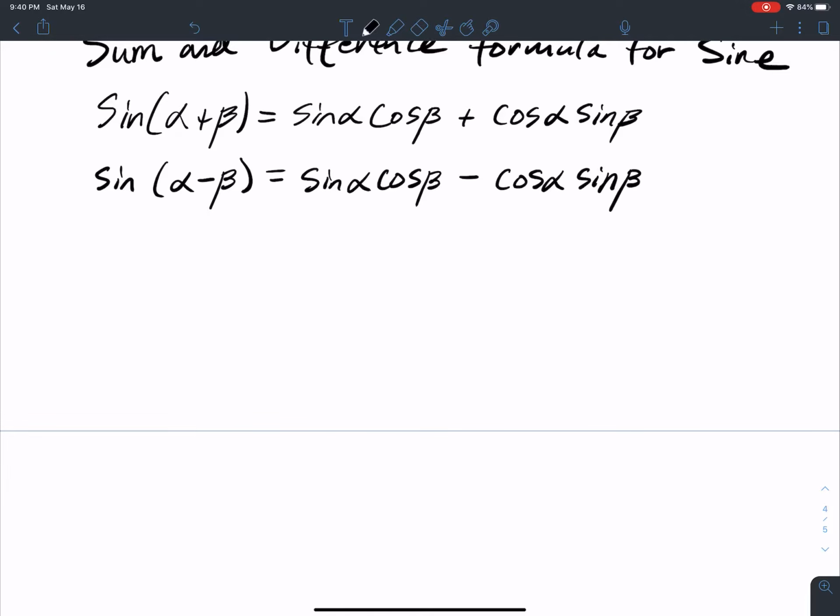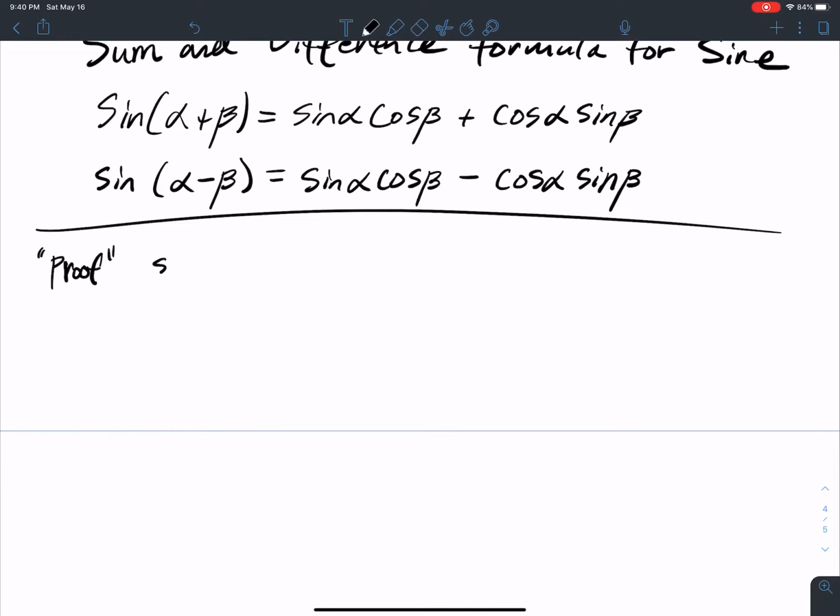I know that the sine of theta is equal to what? It's the cosine of pi over 2 minus theta. Okay?